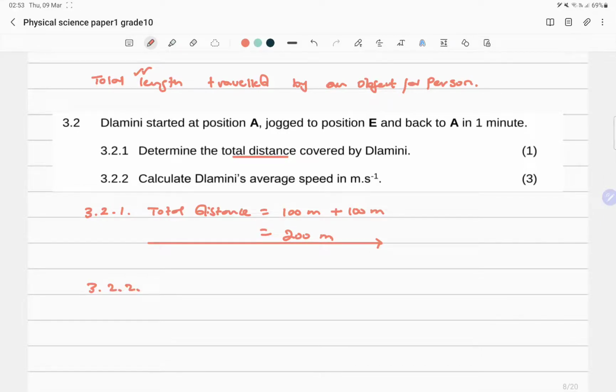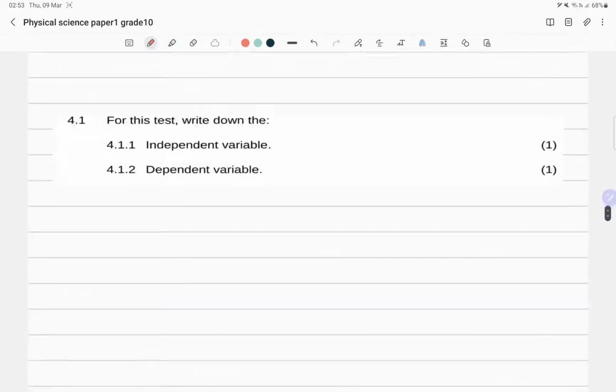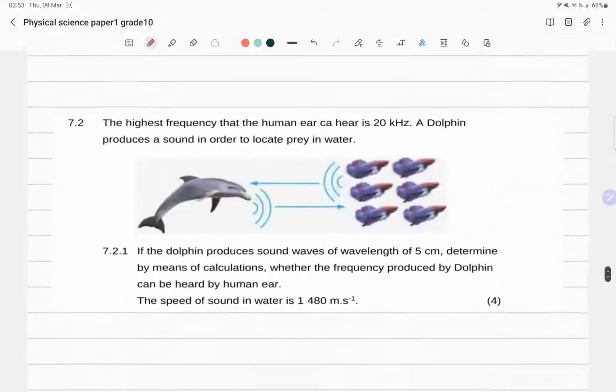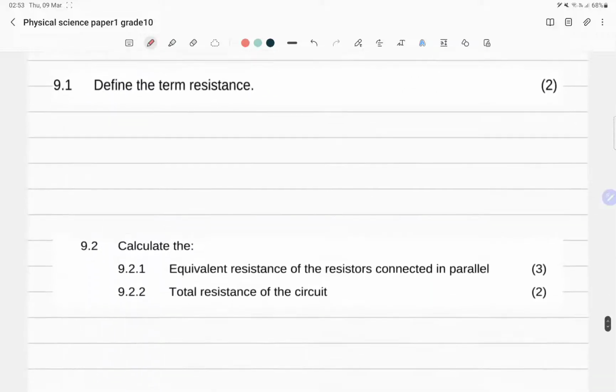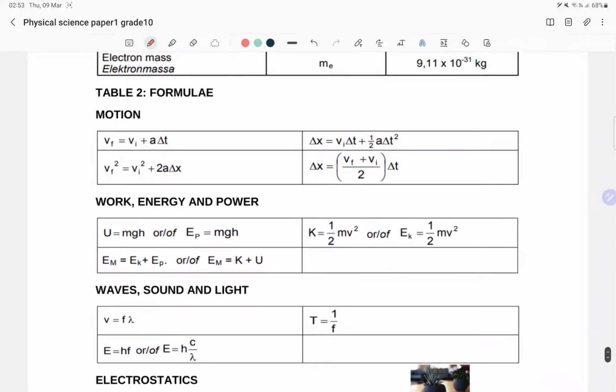3.2.2, calculate Dlamini's average speed, in meters per second. So we know that speed for her is going to be the distance traveled over time traveled. I don't know, guys, do you have formulas about this? Let's just go double check, because at times it's easy to just do what I want to do.